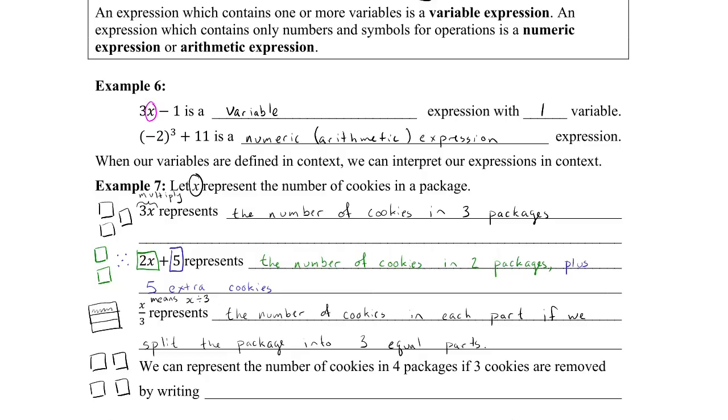The way I'm going to draw removing cookies is by putting dots inside the boxes to represent like empty spaces or something. So we have 4 packages of cookies, 3 cookies are removed. That'll be 4x. And then we take away 3. 4x minus 3 is an expression that tells us that number of cookies.